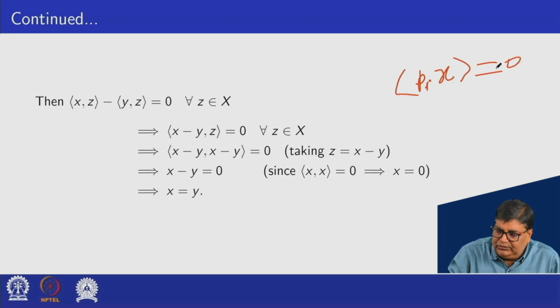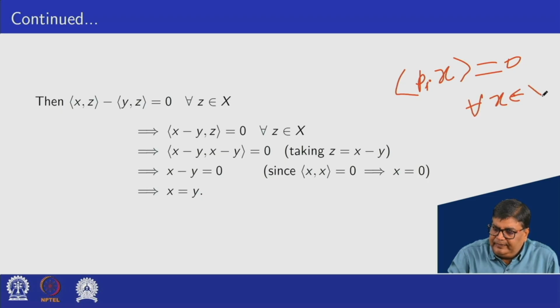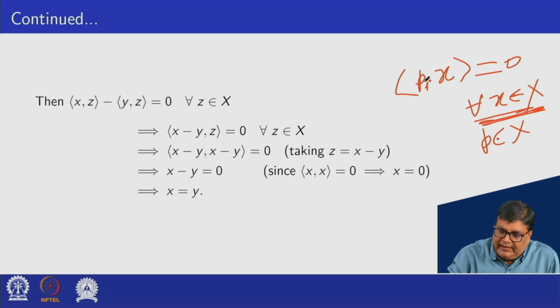We know that, suppose P is an element of X, and inner product of P, x equal to 0 for all x belonging to X, then P is equal to 0.